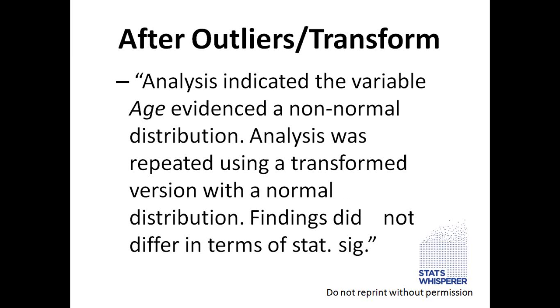So you would say the analysis indicated there was a non-normal distribution, right? So the analysis was repeated with a transformed version and the findings did not differ in terms of significance. So you might say, so we decided to leave the original version in, right? And you just report that in a sentence or two and everything should be okay.